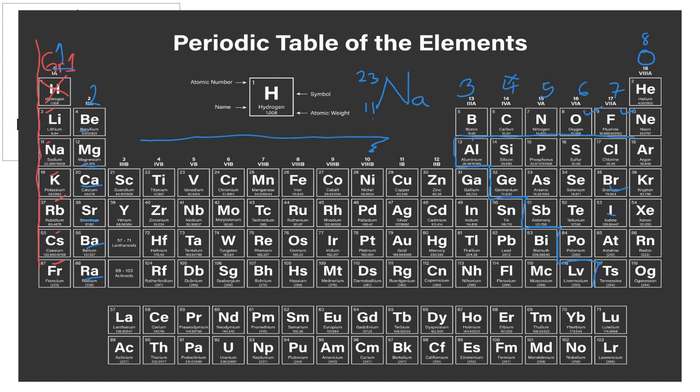Now, the number below usually is the atomic number, or the number of protons. Atomic number is the number of protons, so the atomic number is the one you see underneath. At other times, in some periodic tables, this will be swapped around.